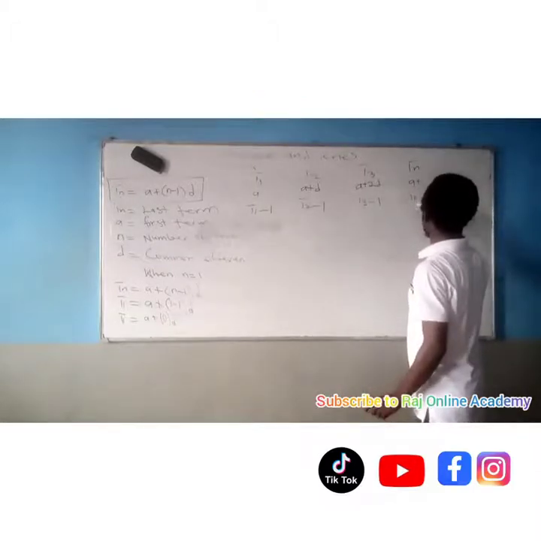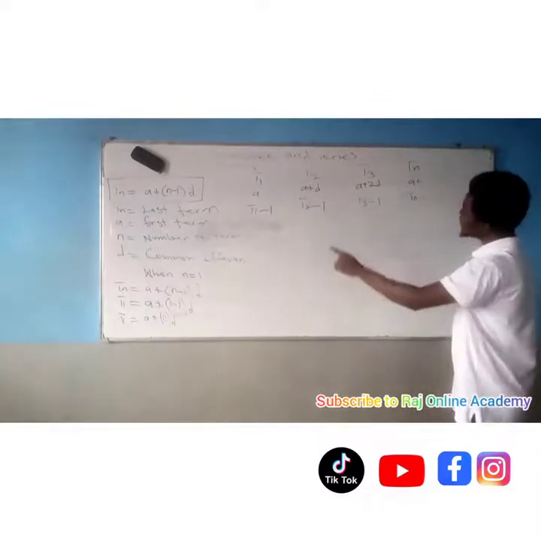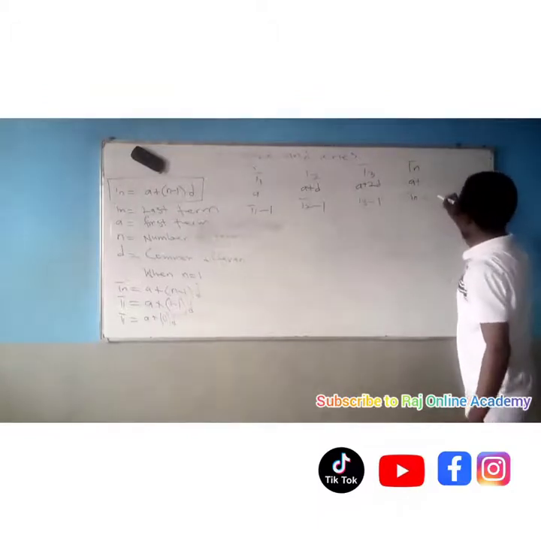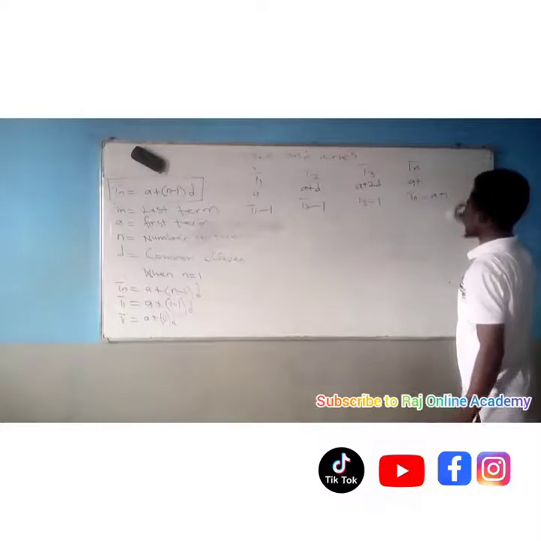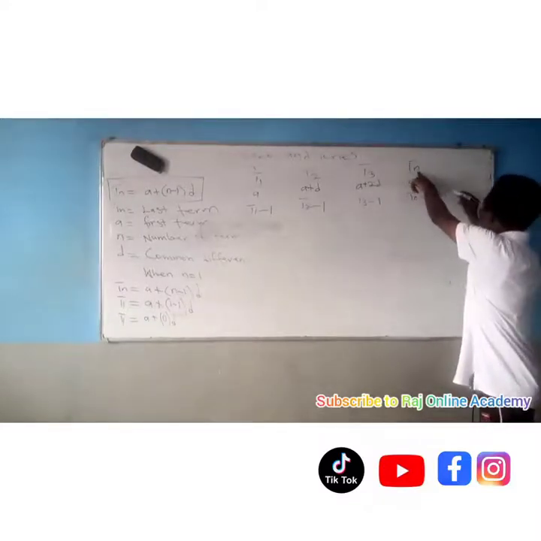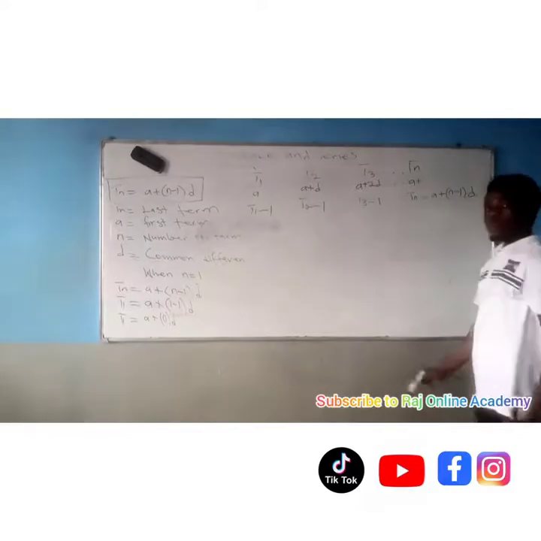We say this is equal to, that's the last term. Now we have A plus, in brackets, the term n minus 1 times d. Why?